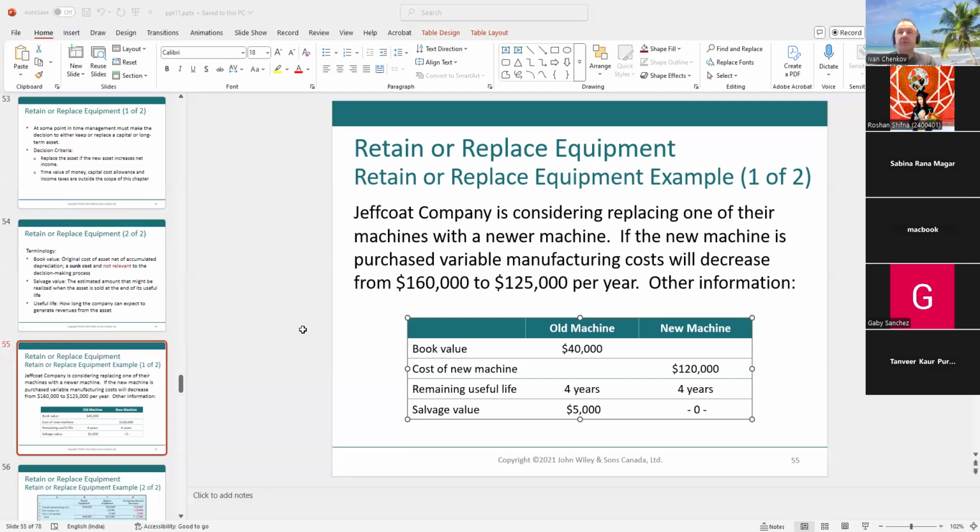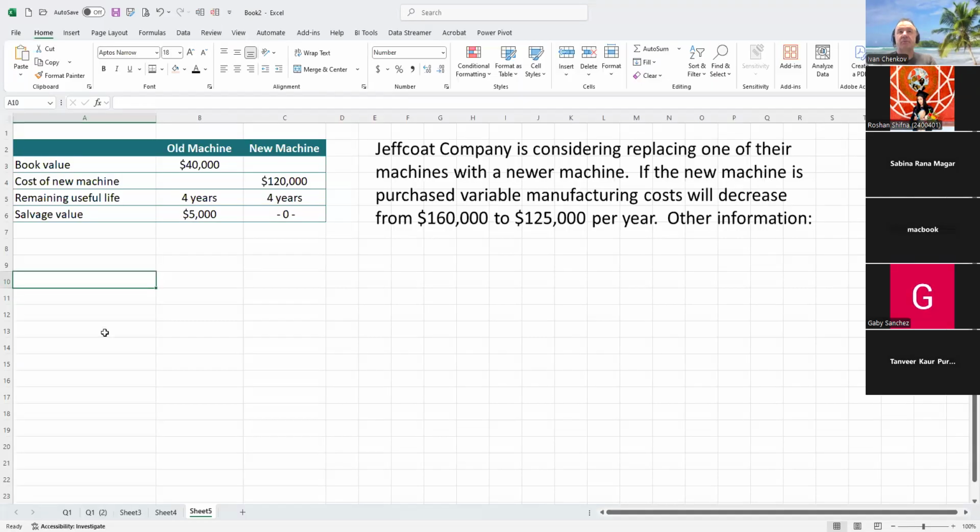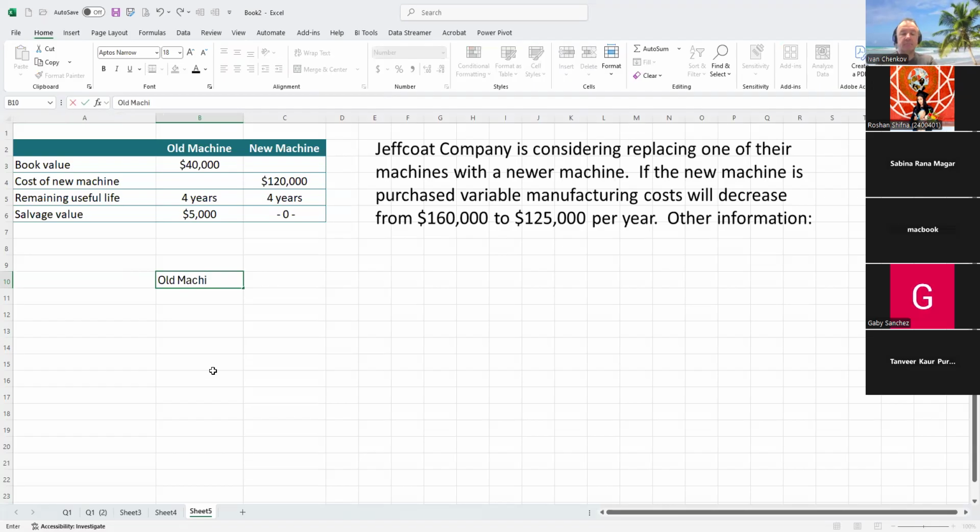So I'm ready to share my screen with you, and that will be my screen. So what we have here, we have the old machine and the new machine, correct? Can you guys see my screen? Yes, sir. So if we keep the old machine, what's going to happen? Obviously, we're going to have cost, right?